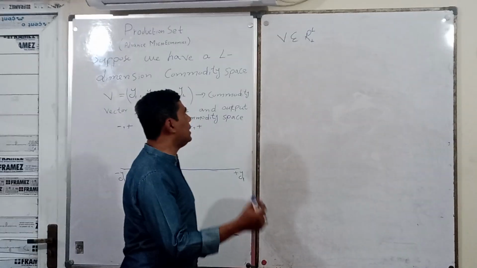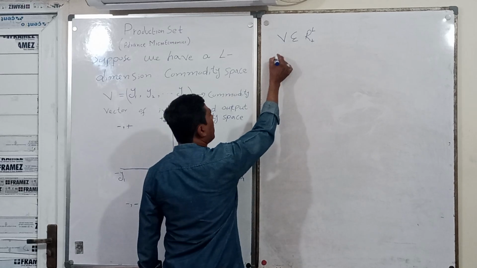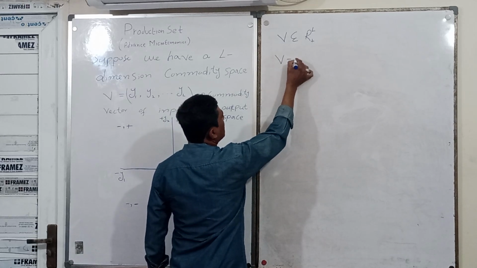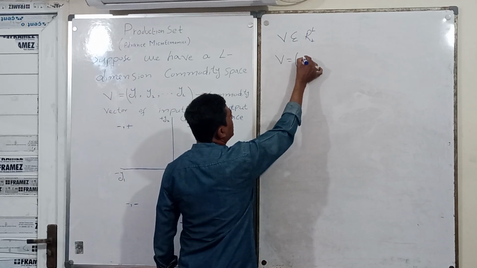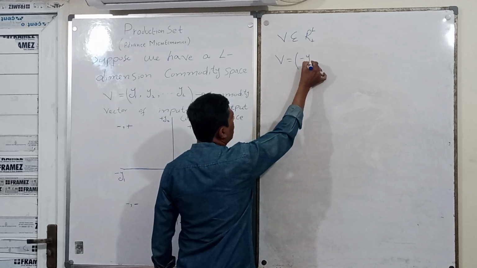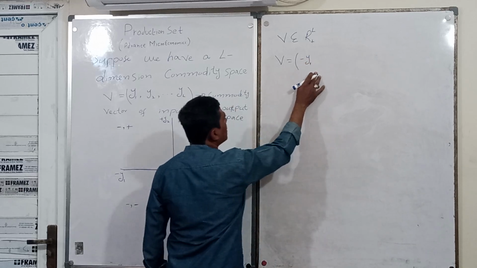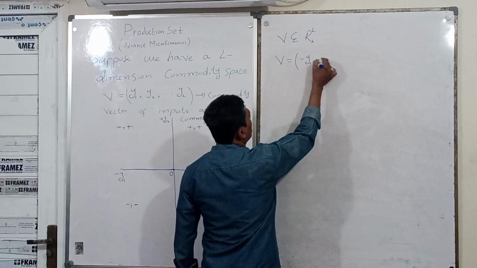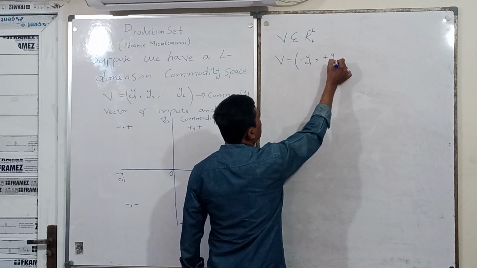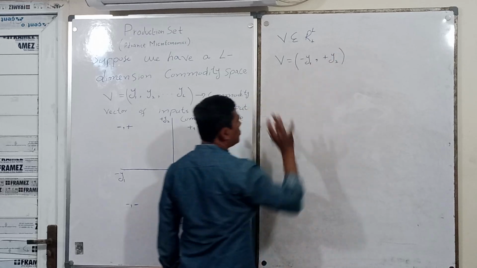We can define V as a set of commodity choice vectors, for example y1 comma plus y2.